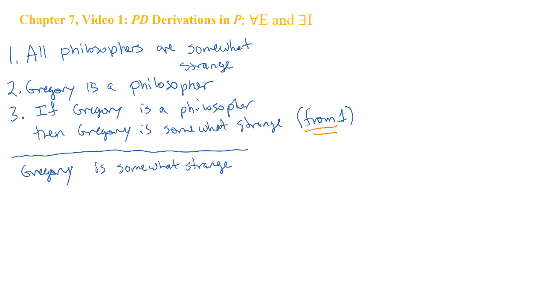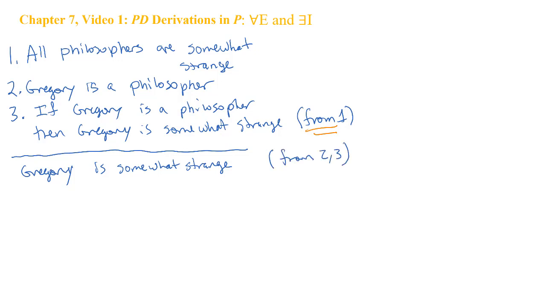Now it should be painfully clear that the conclusion in fact follows. If you take the conditional in premise 3, note that the claim in premise 2 matches its antecedent. And by our most familiar pattern of inference, 2 and 3 combine to give us the consequent of 3, Gregory is somewhat strange.